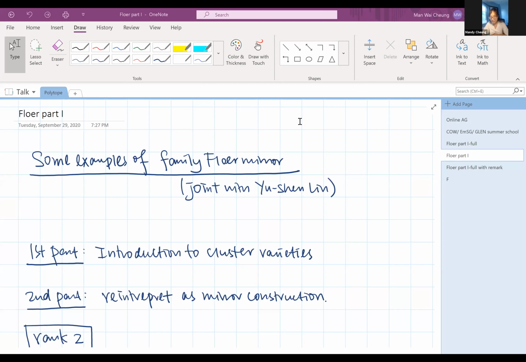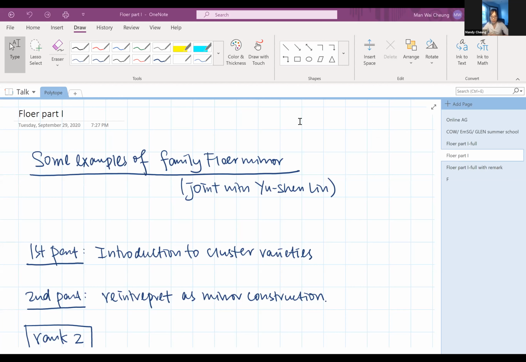This is kind of a continuation of today's morning talks. The two talks today are about the canonical scattering diagram, and what both of them mentioned is constructing the mirror in an algebro-geometric way.